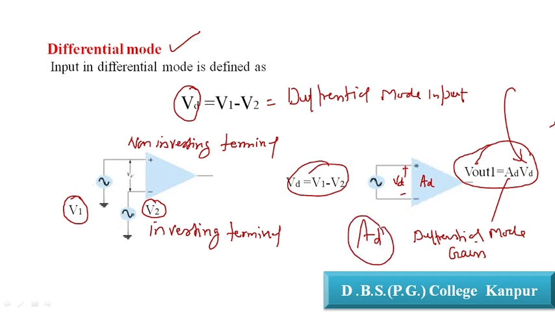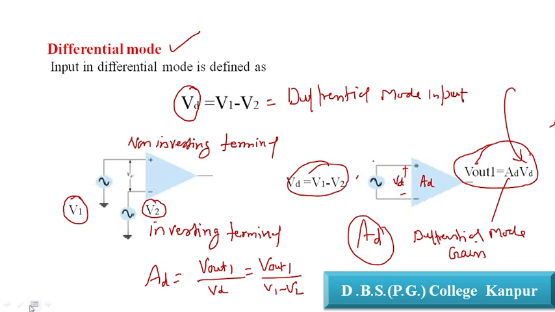Because CMRR is the ratio of AD to ACM, the differential mode gain to the common mode gain. So the differential mode gain AD becomes V out 1 divided by VD, and VD is V1 minus V2. Now it is very clear what AD is.